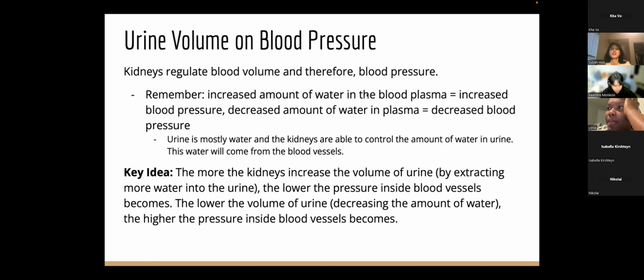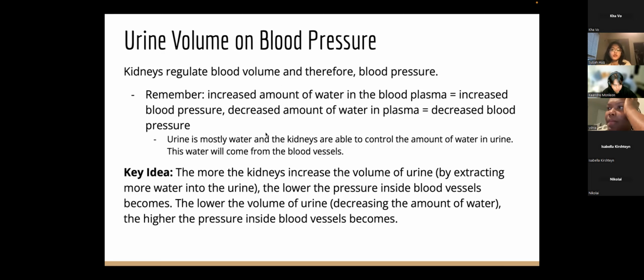And then urine volume and blood pressure. Your kidneys, by extracting fluid that comes from your extracellular fluid, can regulate your blood pressure as well. This has to do with the blood volume, which is directly correlated to how much water you have in your blood plasma.